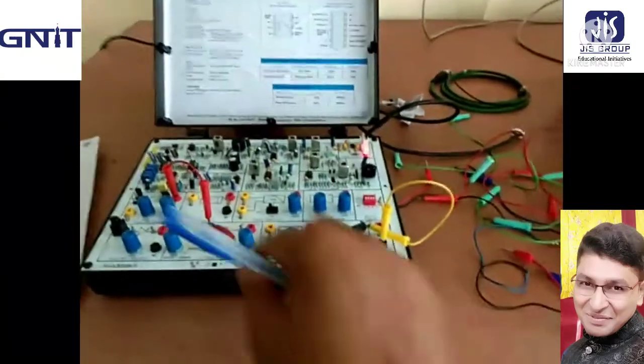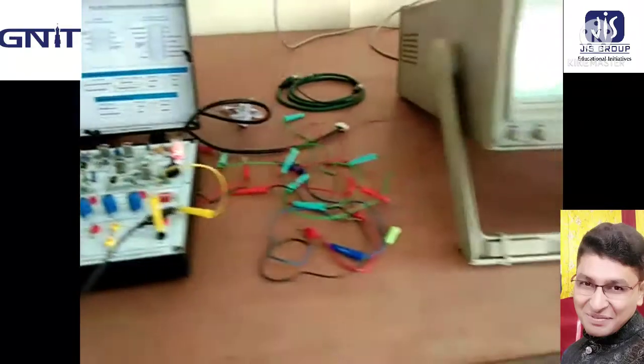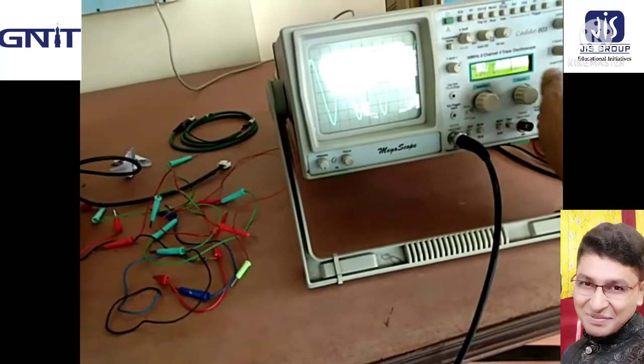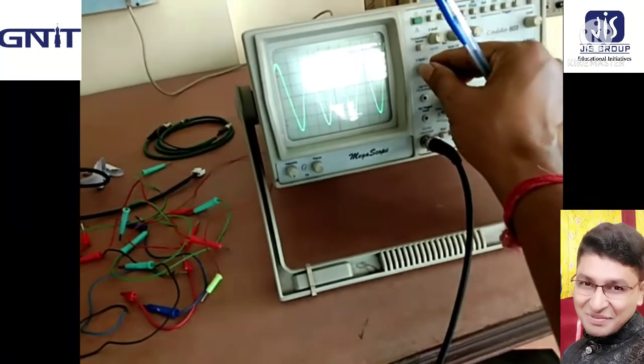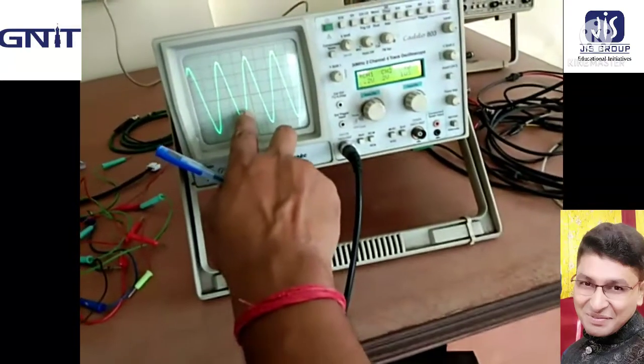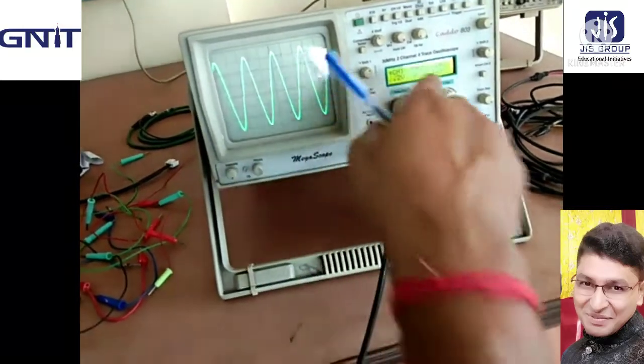Now measure the carrier signal. This is our carrier signal. The carrier signal amplitude is 6.4 into 0.2.